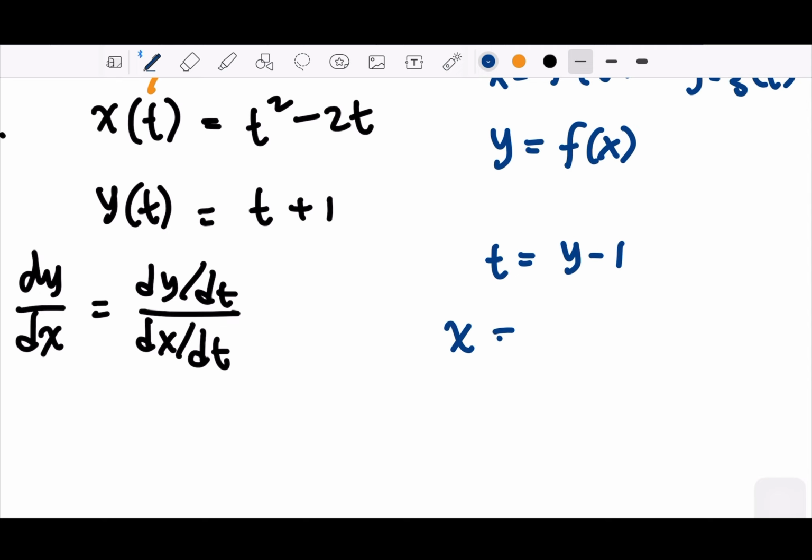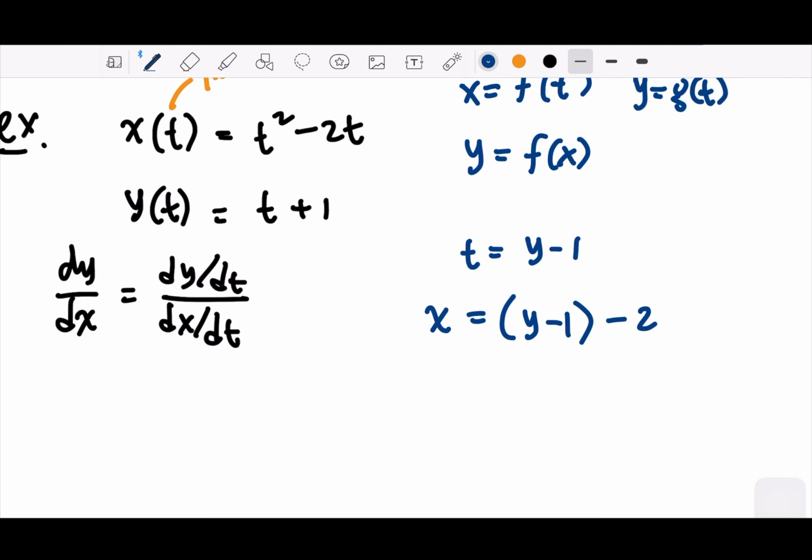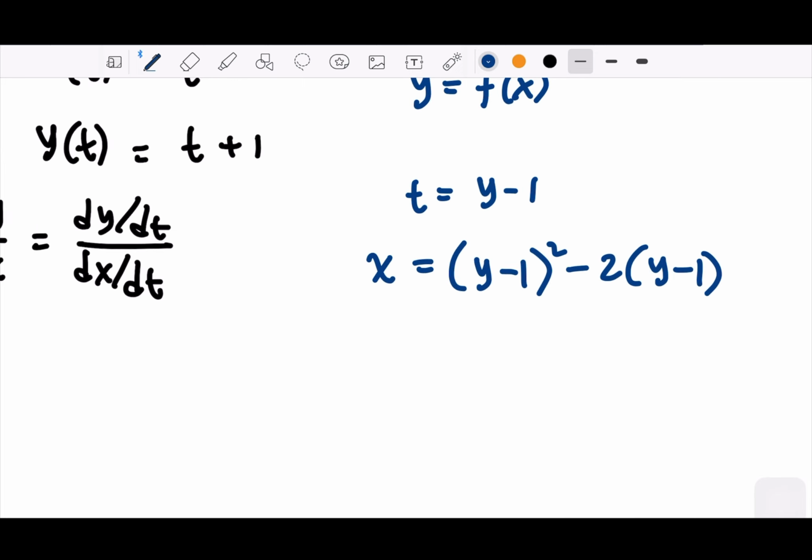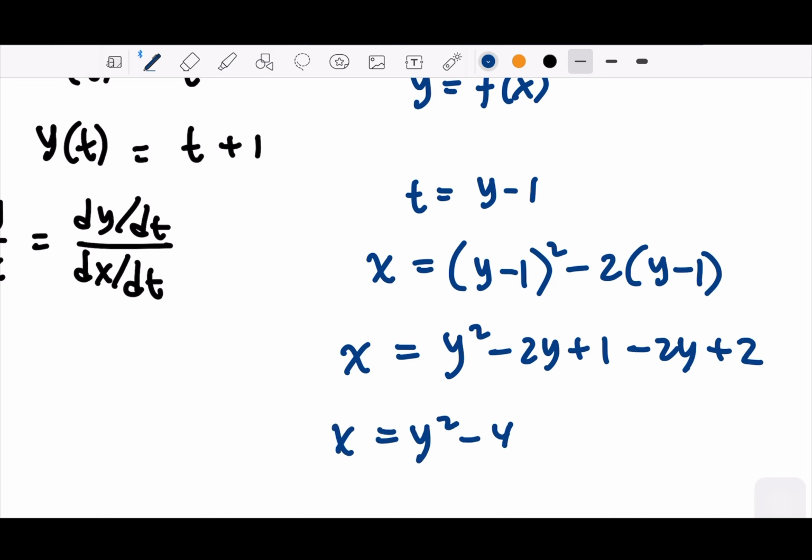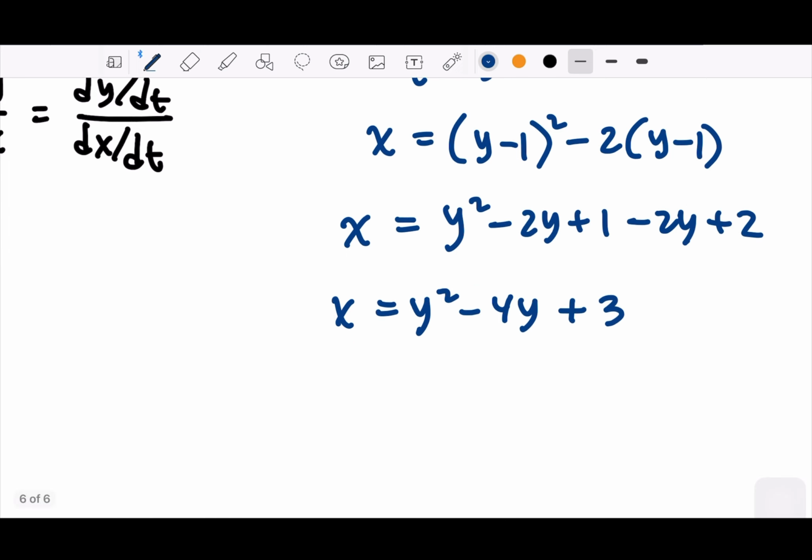And then we can input this, and we can get that this is... And of course you can do your implicit differentiations, and still you can get dy over dx, right?